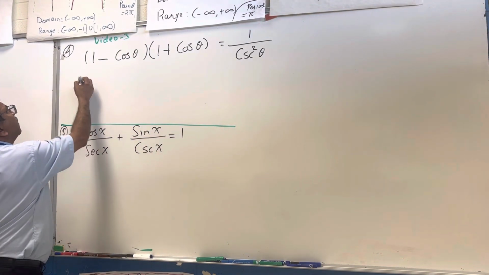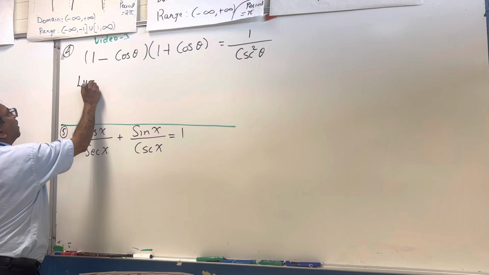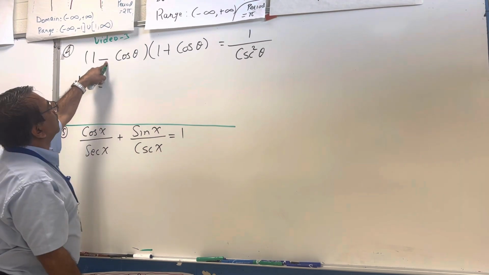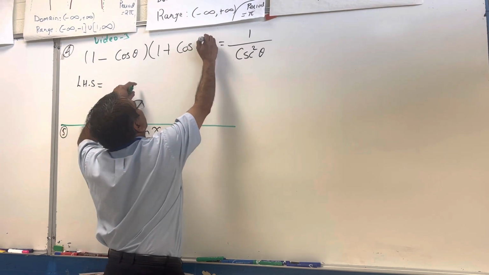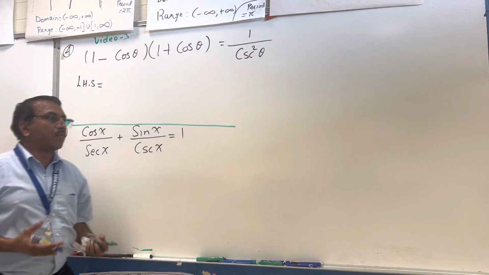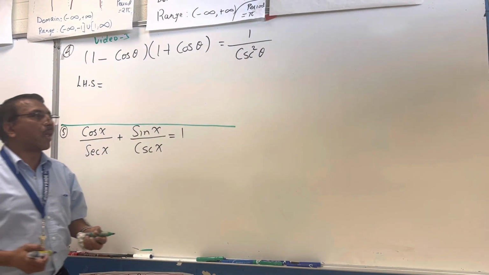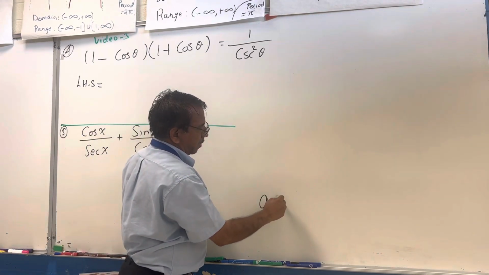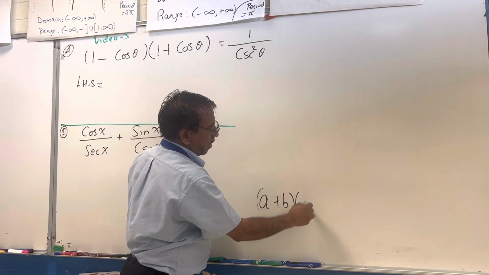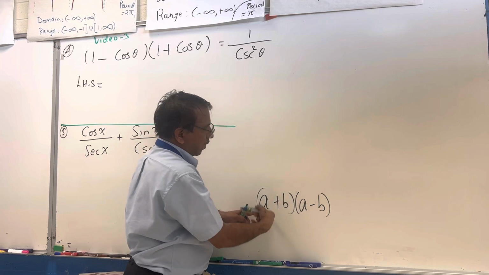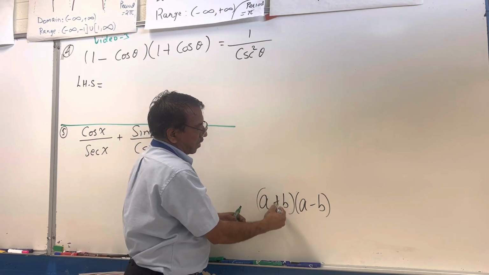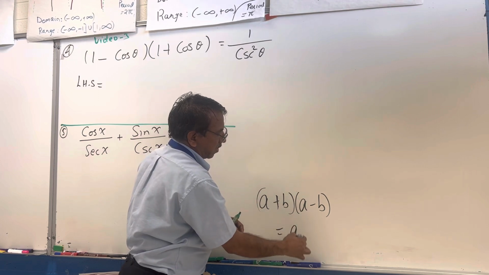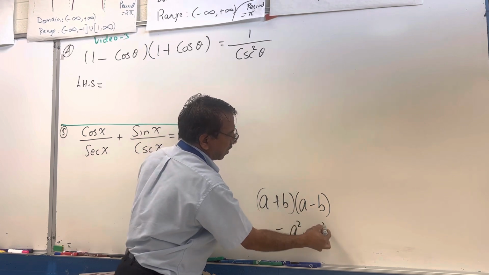So if I begin only with the left hand side, this is 1 minus cosine and this is 1 plus cosine. Now one of the formulas should strike you: a plus b and a minus b, difference of squares. When you have two binomials with the same terms except for the plus and minus, you just square the first and subtract the square of the second.